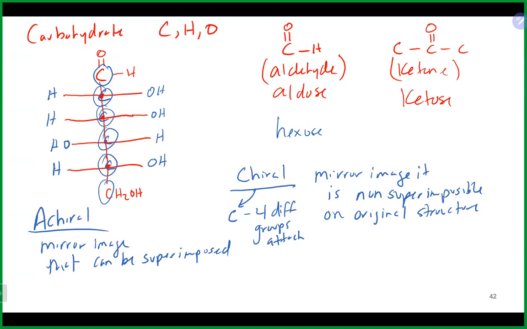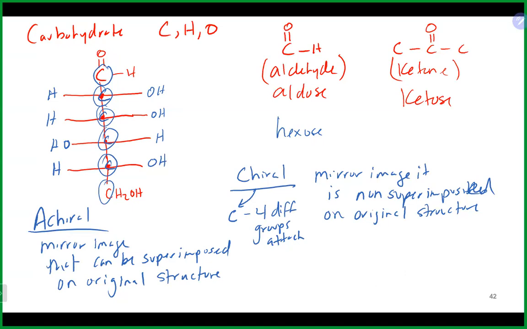So it could be superimpossible as well, but superimpose maybe. It can be superimposed on the original structure. And to determine if something is an achiral carbon, you would probably find two groups that are the same on that carbon, and that would mean that it doesn't have four different groups attached.